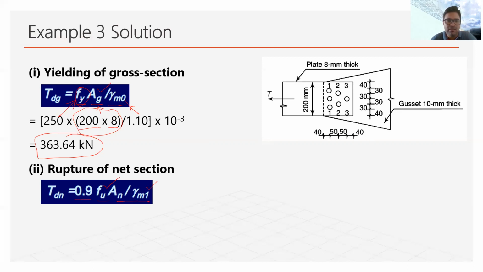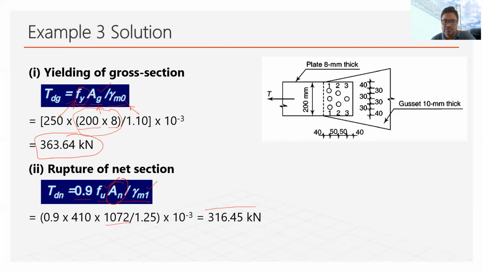In case of Fy, we use gamma M0, which is 1.1. After putting all the values, where AN we have already calculated in the previous slide, which is the net effective area of 1072, we get the net rupture strength as 316.45 kilonewton.